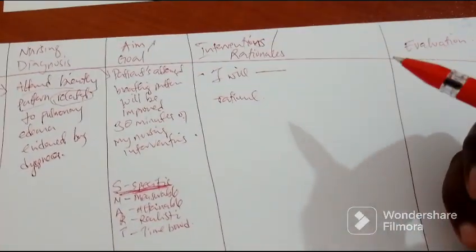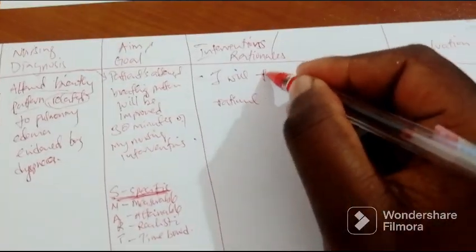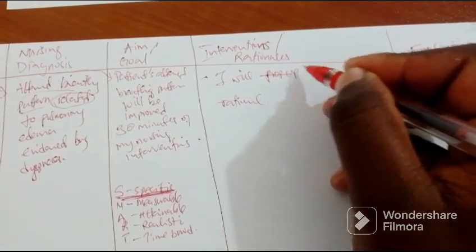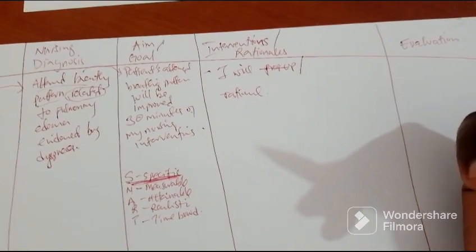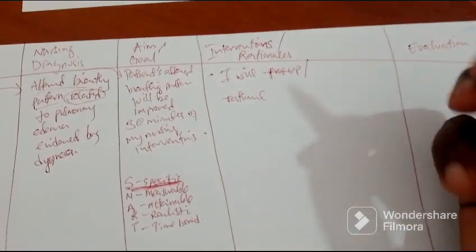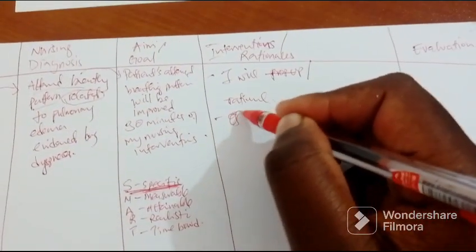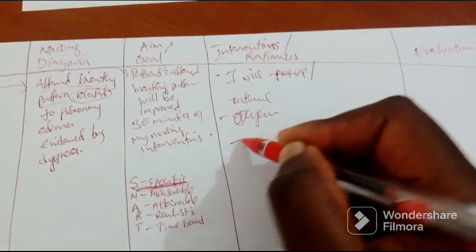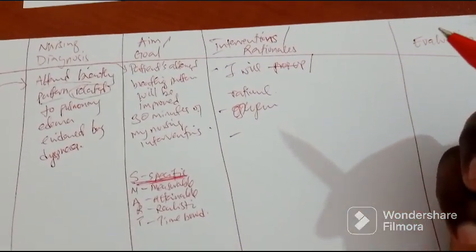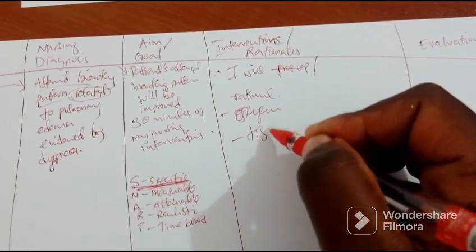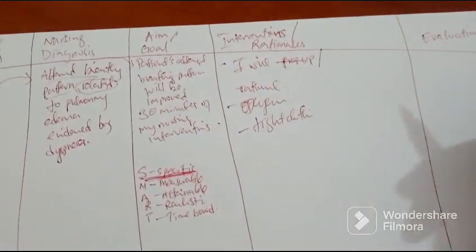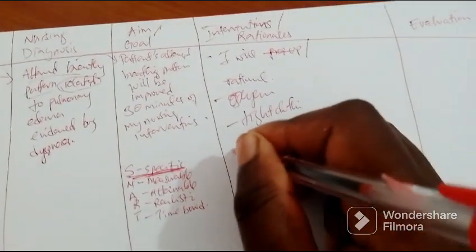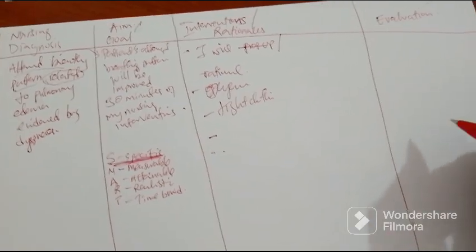Okay, so here you can say I will prop up the patient, or I will let the patient sit in Fowler's position to improve lung expansion. I will give oxygen, for example. Then I will remove any tight clothing to enable breathing and all that. So you need to have at least 4 to 5 interventions there with your rationales.